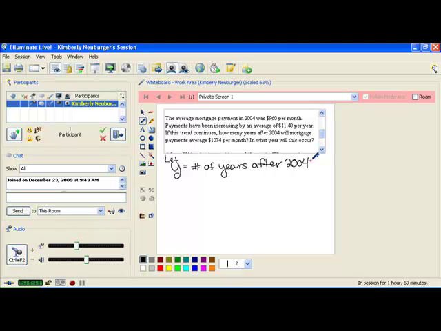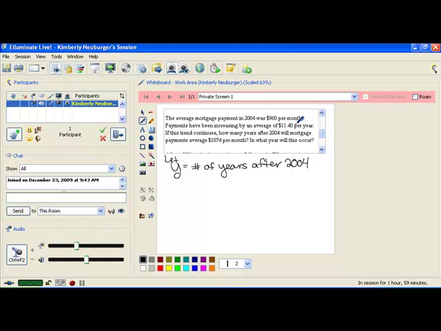If you're in 2005, your year would be 1. 2006, your year would be 2, and so on. Now, let's think about what happens. Every year, your payment is increasing by an average of $11.40 per year.